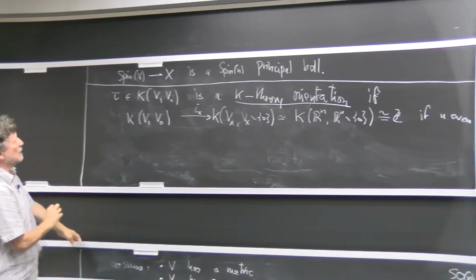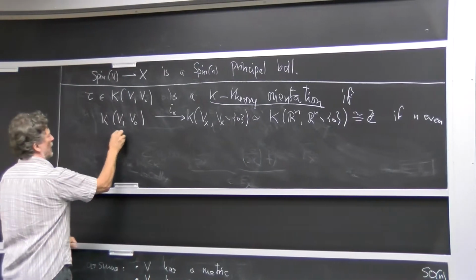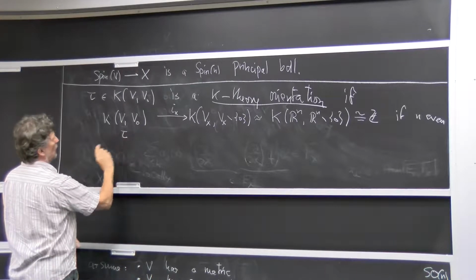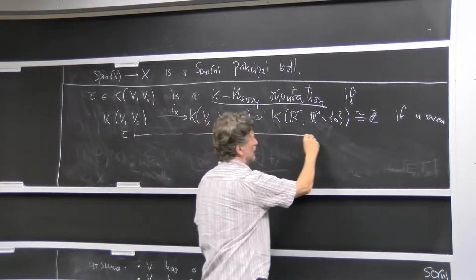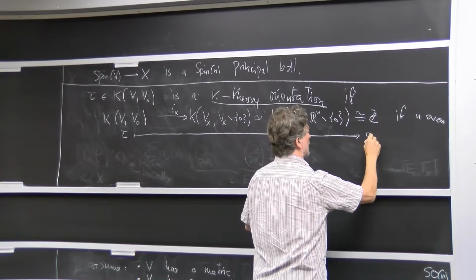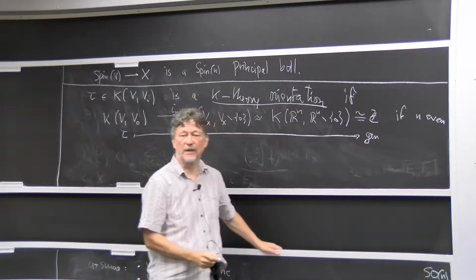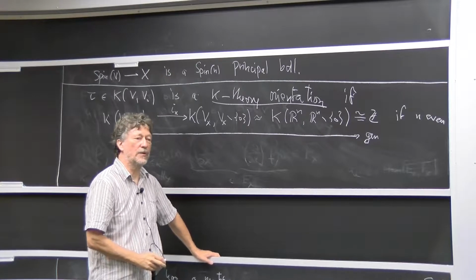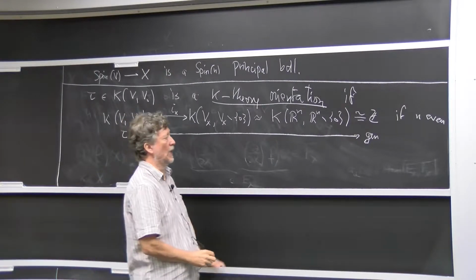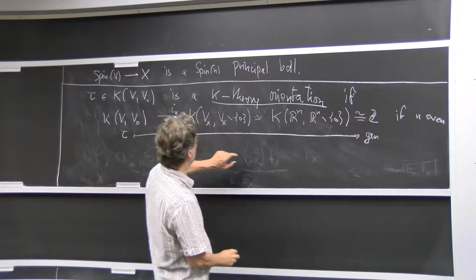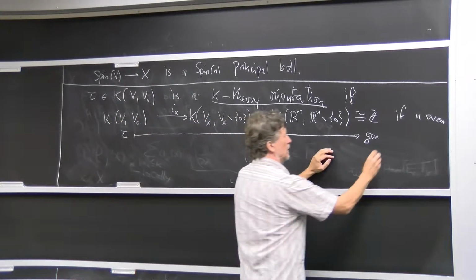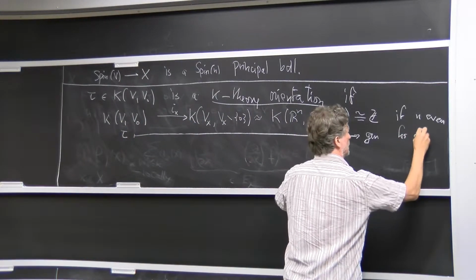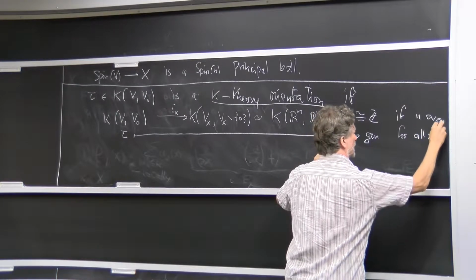And the K-theory orientation means the following: if you take your class tau and you move it under this map, and it goes to a generator, either plus or minus 1, then you call tau a K-theory orientation. And this should be true for all points x. So if you restrict to any fiber, you get the generator.